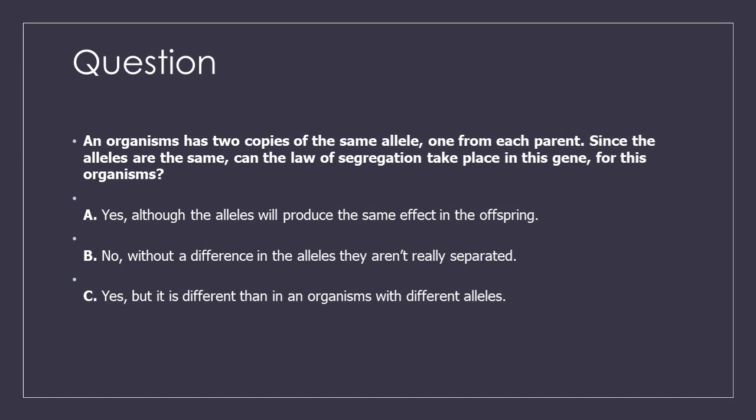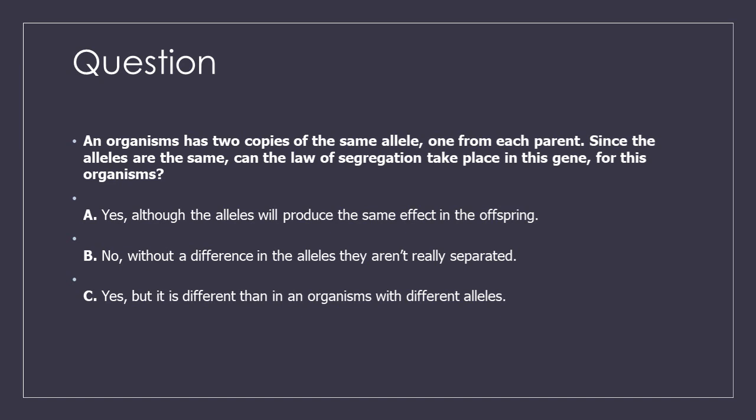Another question. An organism has two copies of the same allele. Two copies of the same allele means homozygous condition, one from each parent. Since the alleles are the same, can the law of segregation take place in this gene for this organism? Yes, no, or yes, but only in an organism with different alleles? Just think about it.